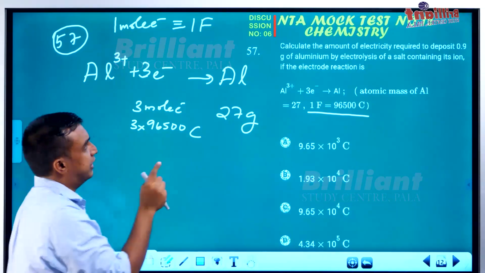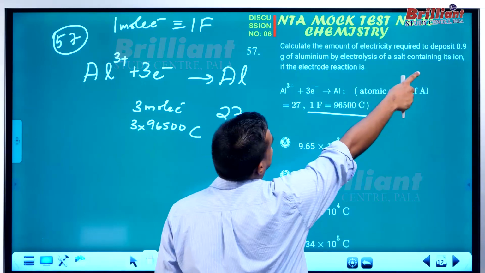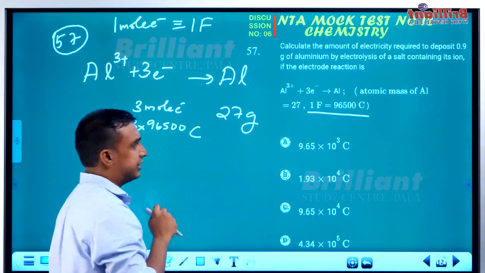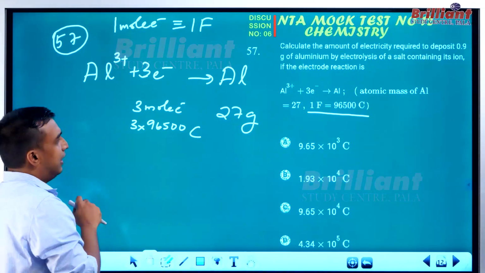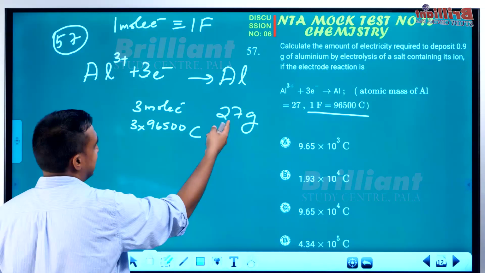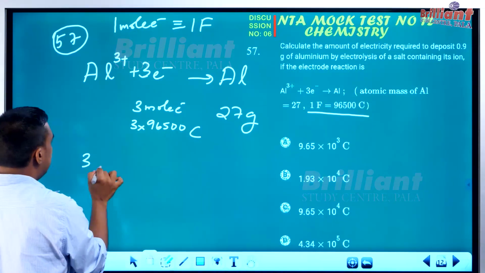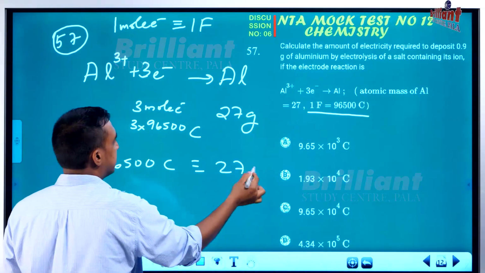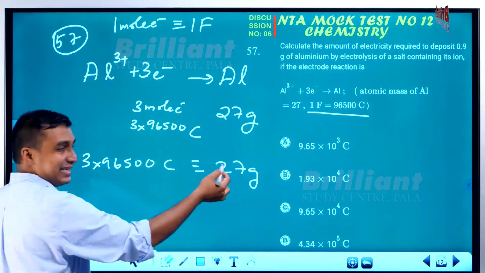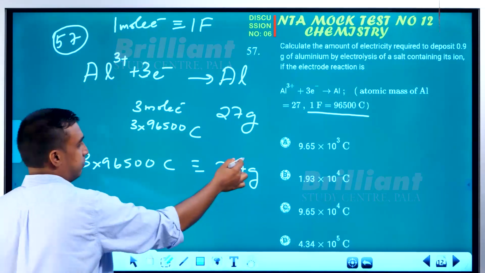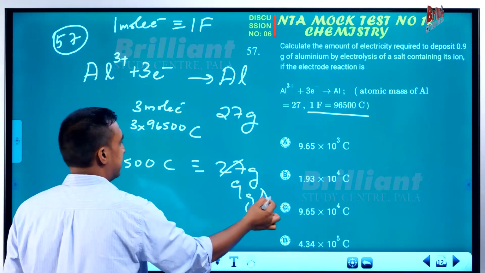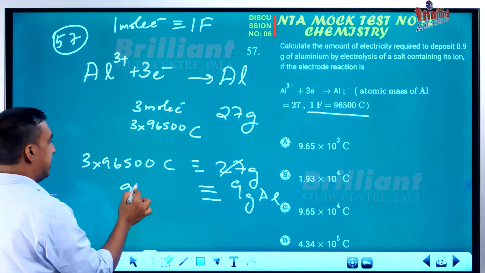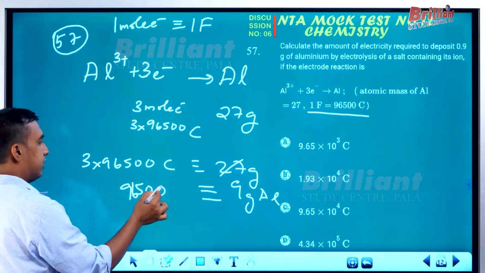But the question is, if we get 0.9 gram, how much electricity is required? Let's see. I can say 3 into 96,500 coulomb corresponds to 27 gram of aluminium. So for 9 gram of aluminium, I will have to divide by 3 on both sides. So 9 gram of aluminium corresponds to 96,500 coulomb.